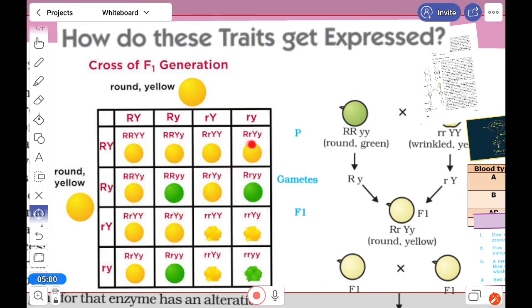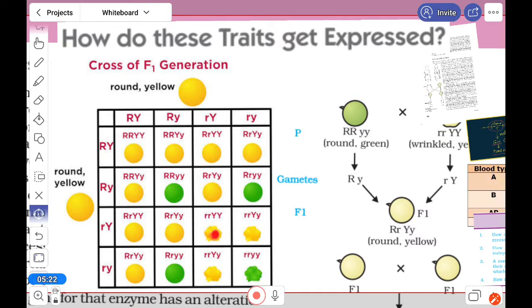Okay, so this is yellow and round. After that you see that R is there, so it is round, but capital Y is not there, so it is green. Capital Y is not there in these three, so these 3 are green and round.